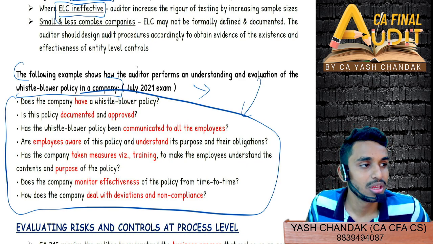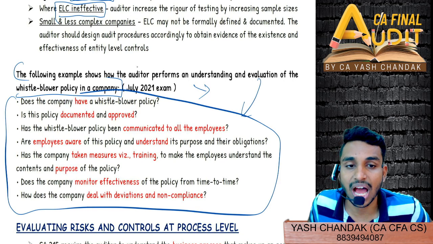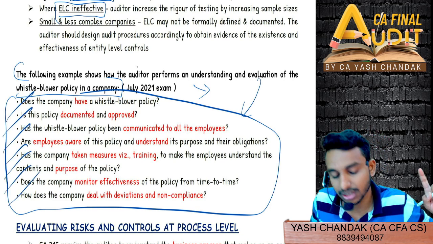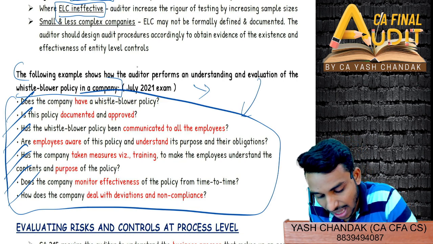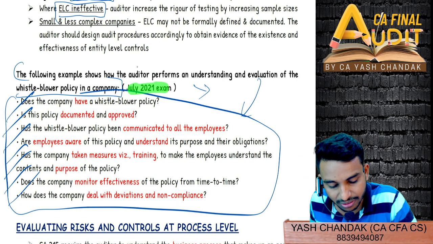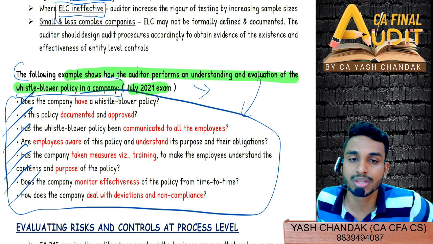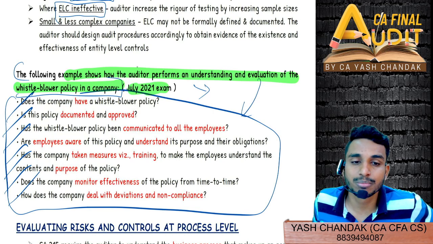Because many times for a straightforward question, the answer is different. The answer should be this, no? This was given in the study material, and the exam question that you see in July 21 has exactly the same language, but they came out with a general answer only.